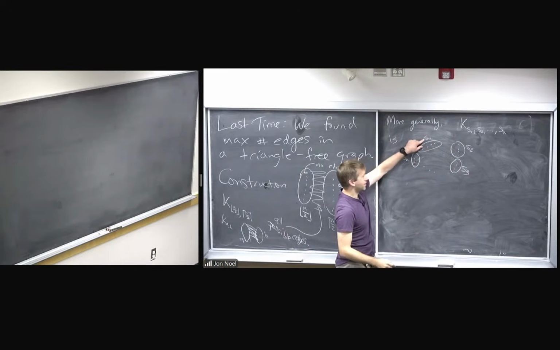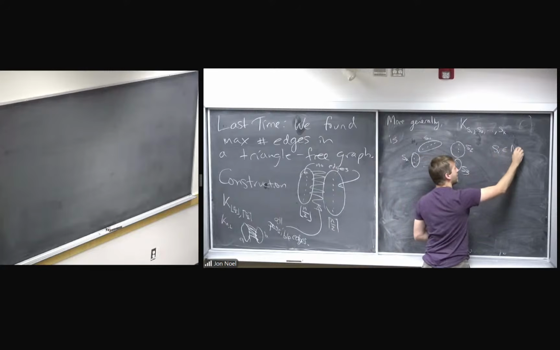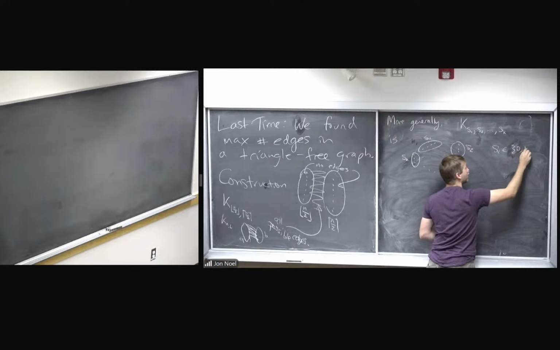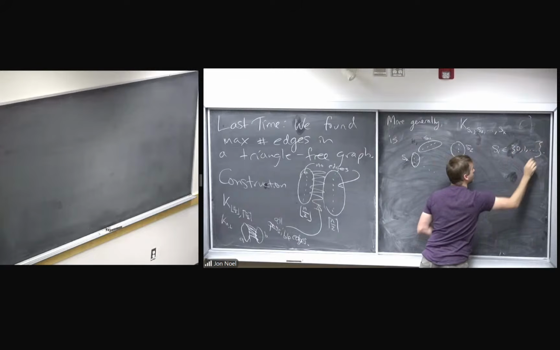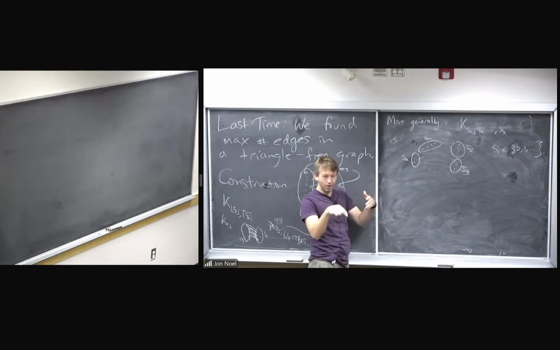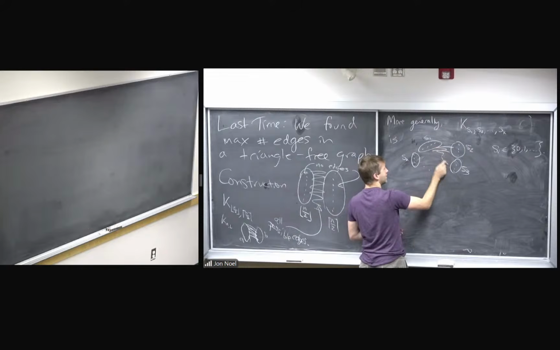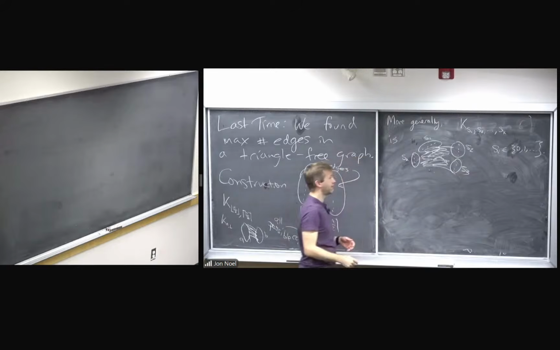So these things are numbers, right? Well, let's allow 0. Right, I just take that many things in each part, and then I put no edges inside the classes and all the possible edges between the classes, right?